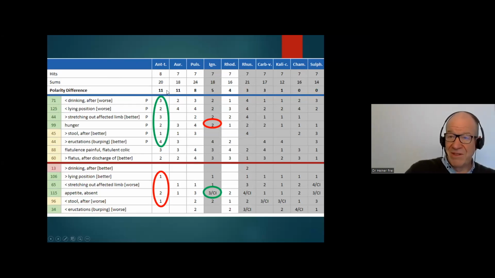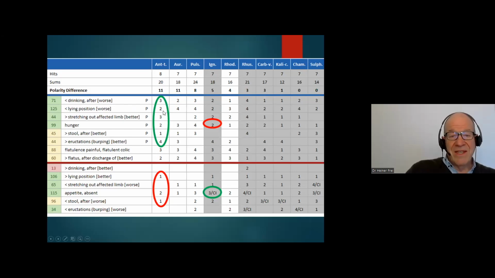This polarity difference is actually our key information about which remedy is best for the child. It is calculated by adding all the polar patient symptoms. Below the blue line and above the red line, we have all the patient symptoms. And we add all the grades of the polar patient symptoms, only the polar ones. The non-polar ones are left away.